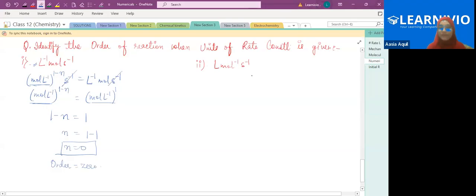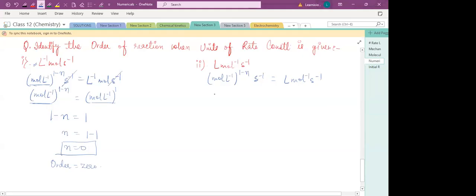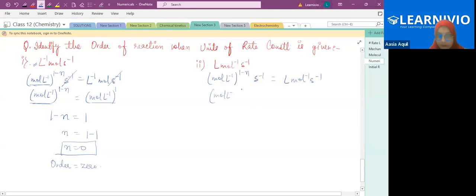Similarly, let's do this. So mole per liter to the power 1 minus n per second, and the given is liter per mole per second. Okay, now just arrange this according to this base. You have to rearrange the right side according to this base, mole per liter, right?